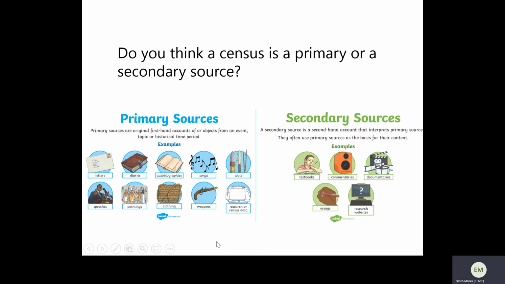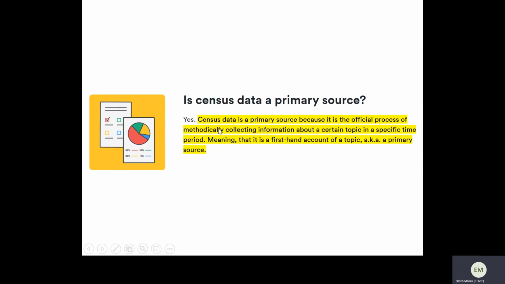You can see that it's here. Census data comes under primary sources. Yes, it is a primary source because it's the official process of methodically collecting information about a certain topic in a specific time period, meaning that it's a first-hand account of a topic.